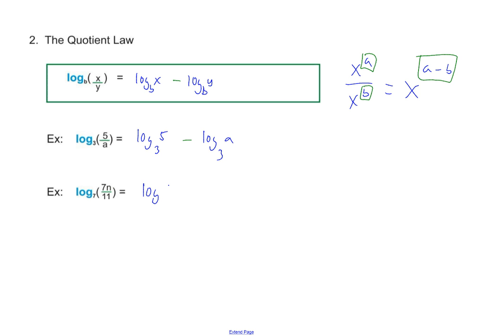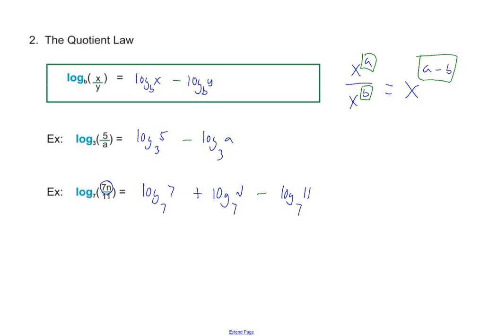How about log 7 base 7 plus log n base 7? Say, Mr. Scarfi, what are you doing? We're doing subtraction. Oh, I'm just doing the numerator right now. I kind of split up the numerator, first law we did, and now I'll do the denominator, minus log 11 base 7.